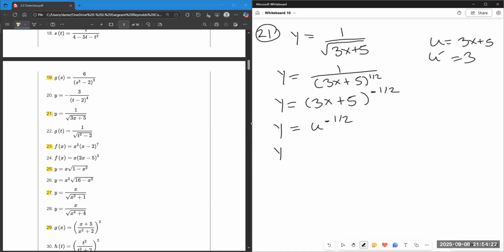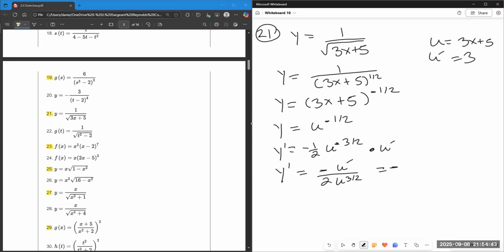So y prime will be negative 1/2 u to the negative 3/2 times u prime. y prime will be negative u prime over 2u to the 3/2 power.